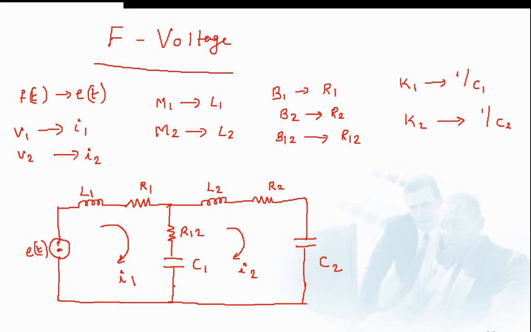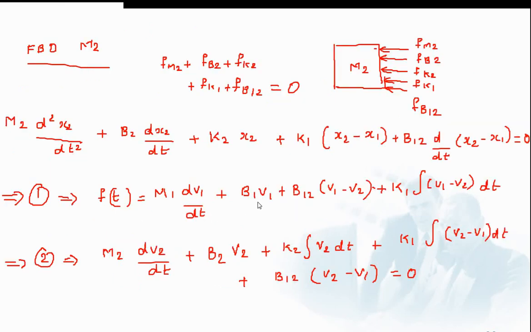Now, if you look back at the dynamic equations of the mechanical system, that is equation number 1 and 2, if you directly convert these equations with respect to analogous elements, as f of t equal to e of t and v1 equal to I1, v2 equal to I2, and correspondingly using the analogous parameters, then you will get the mesh equations that we got by applying KVL.